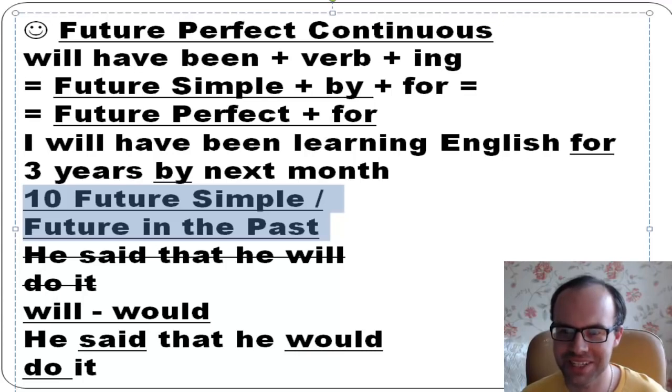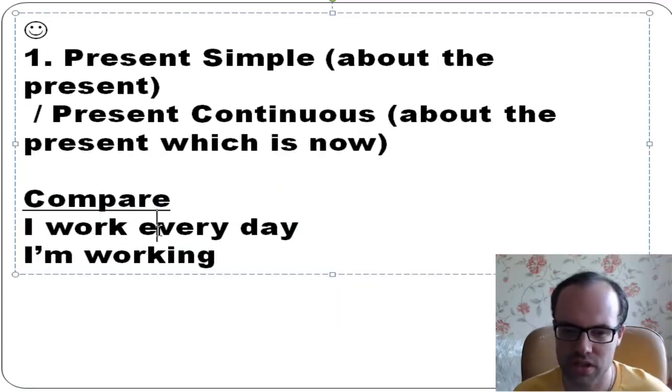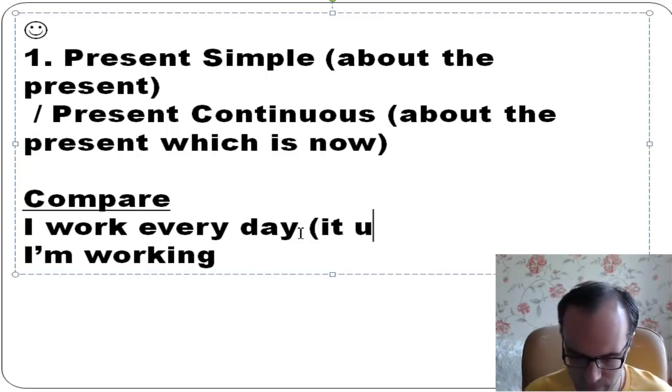You see, every day it means that I worked yesterday, I worked the day before yesterday, I will work tomorrow, I'll work the day after tomorrow, and so on. So it usually happens.